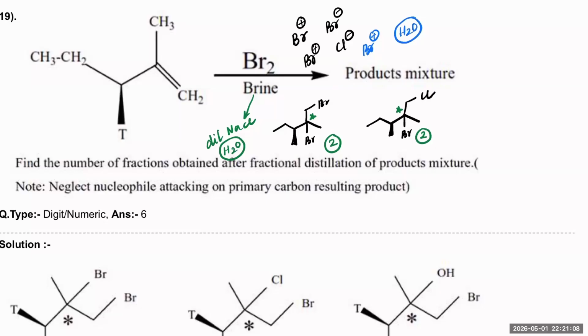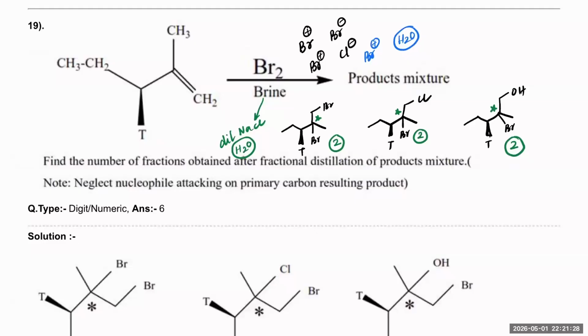So the other products we need to realize have this tritium, which is present in all of them, and then we have Br here and one OH here. So here also you can see the new chiral center is forming that makes another two compounds. So in total we have 6 different fractions we can get. Why 6 fractions? Because none of them are enantiomers. All of them are diastereomeric forms. So as long as we have diastereomeric forms, we will get all the fractions separately. All good?